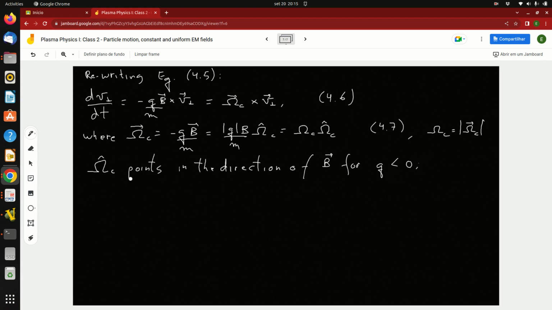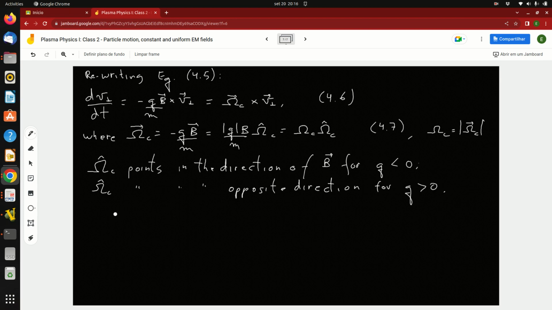For Q more than 0, because of this minus here, it has to have a negative Q in order to have the same direction as B, and omega C points in the opposite direction for Q larger than 0.